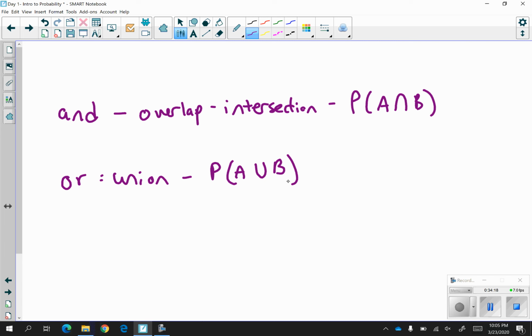There is a special formula for this. So the probability of A union B, and keep in mind you don't want to write it as a U with a little tail. That's the letter U. This still looks like a U, but there's no tail like you have here.